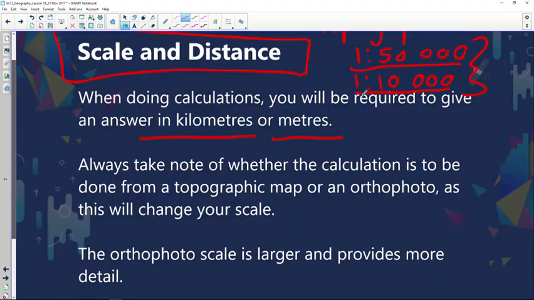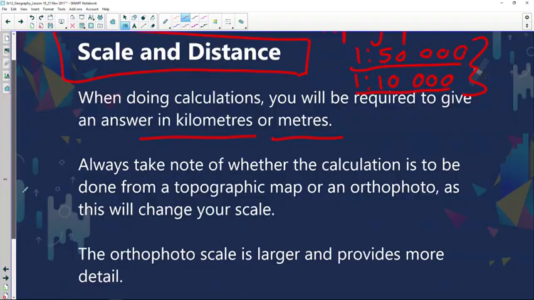Now, very importantly, like I've mentioned before, the orthophoto scale is 1 to 10,000. The topographical map scale is 1 to 50,000. So in reality, the orthophoto is 5 times bigger than the topographical map, because the orthophoto has only been reduced 10,000 times, whereas the topographical map has been reduced 50,000 times.